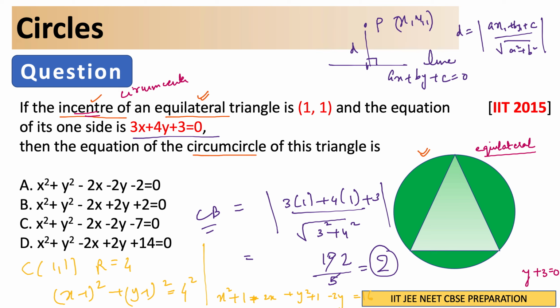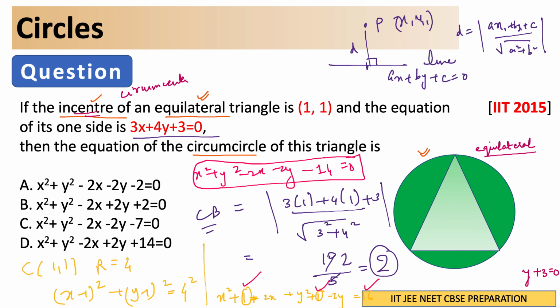So it is x square plus y square minus 2x minus 2y, and this is 1, this is 1, and here we have 16. So this will be minus 14 is equal to 0. So this will be the final answer.